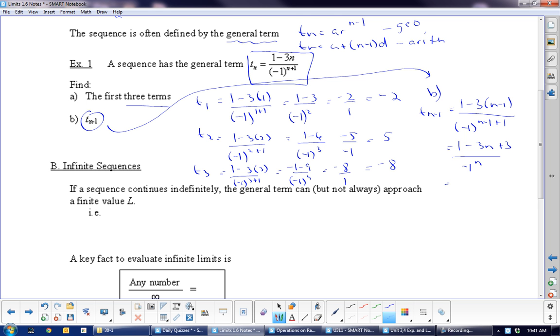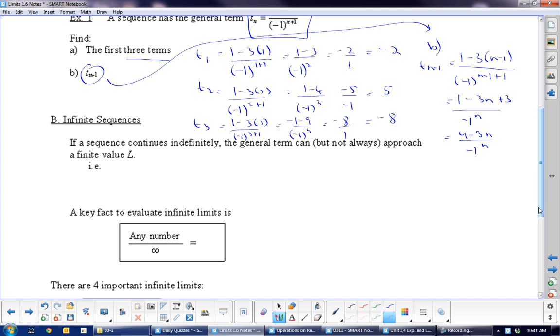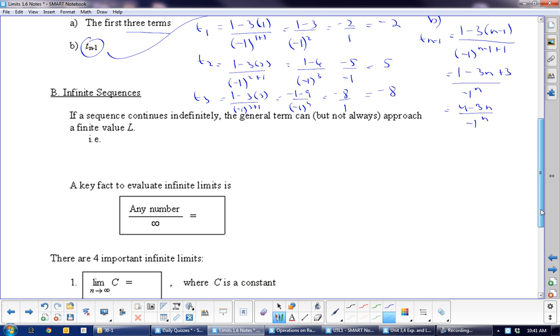This would equal 4 minus 3n all over negative 1 to the n. Okay, that's just a review of how to use those formulas.